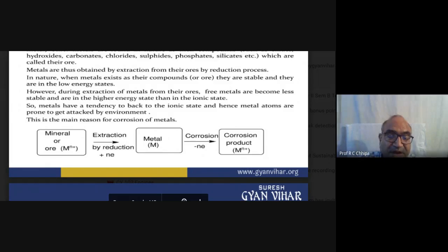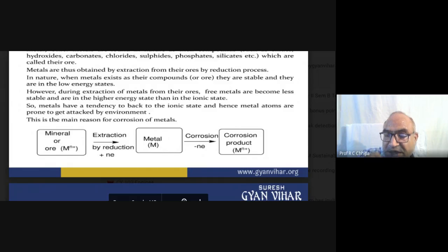In the picture, the minerals and ores undergo the process of reduction, where electrons are added. For example, iron plus 2, then 2 electrons, the process is the reduction.